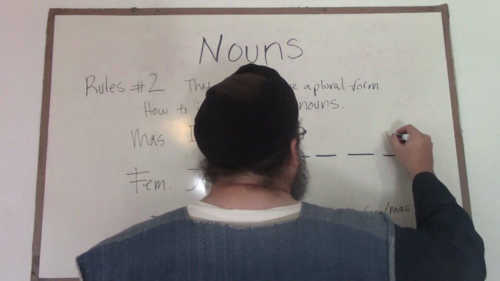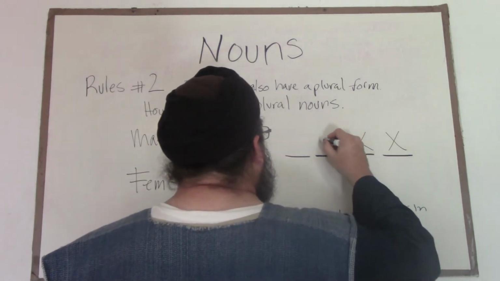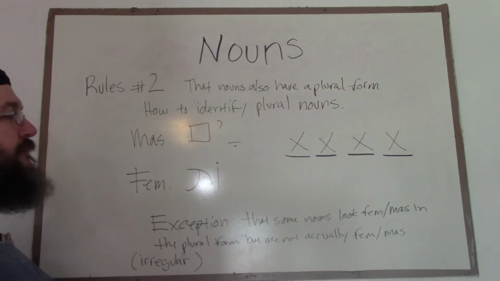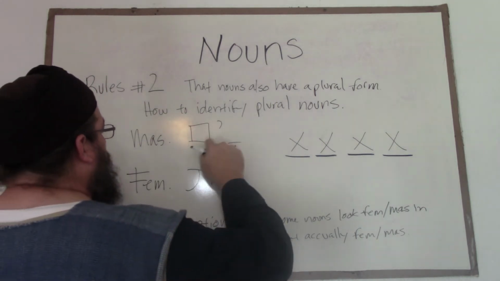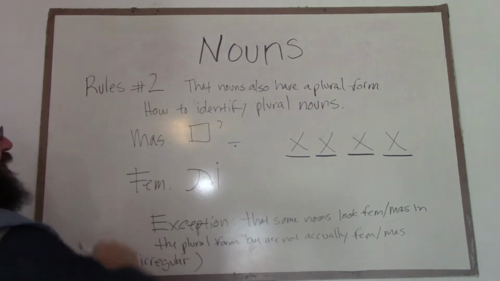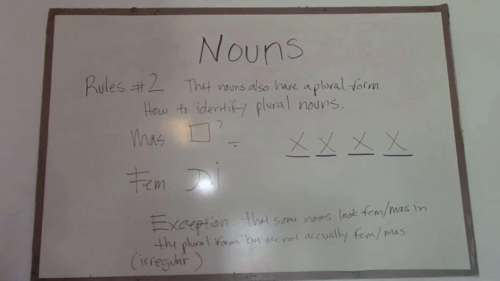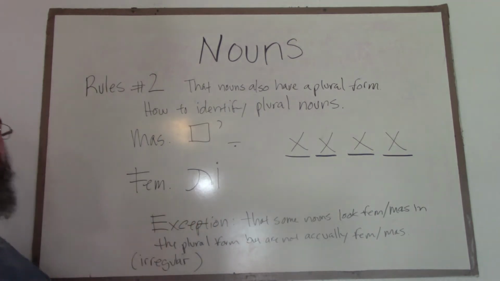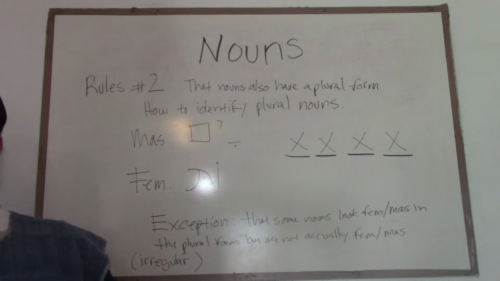If this was an X, an X, an X, which represents a Hebrew word. The minute I add yud and mem to it, I know that this is the masculine plural form. The minute I add the vav and tav to this, I know immediately that this is the feminine plural form.